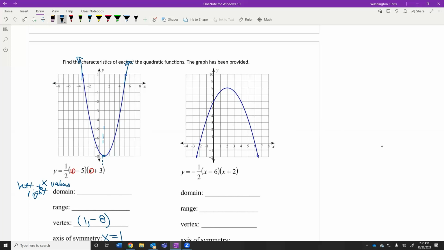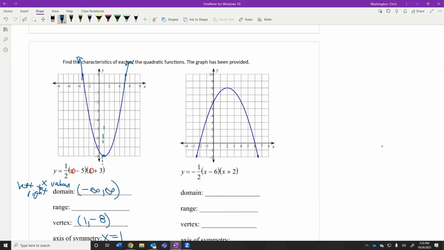So negative infinity way over here, positive infinity way over here. Literally every single x value will be included on this graph. For quadratics, it will always be like that. Even if it opens the opposite direction, it's still going to get wider as it goes down.